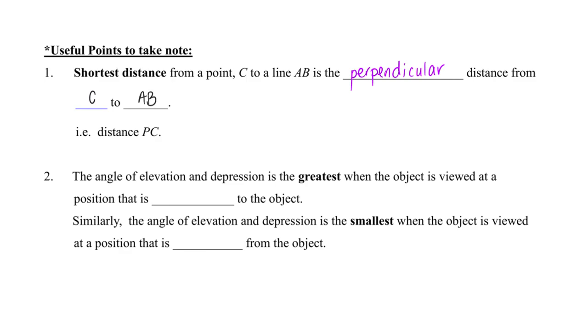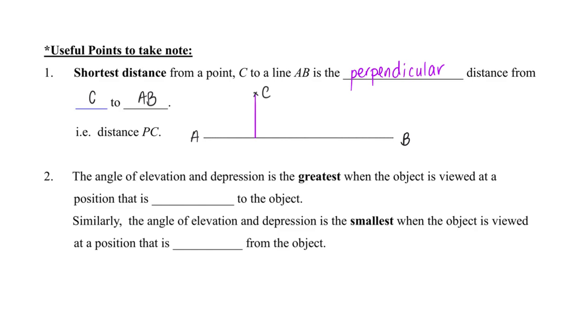Okay, so for example, if I were to do a rough sketch of this point C to a line AB, for example, then the shortest distance from this point C to the line AB happens to be this particular line here.